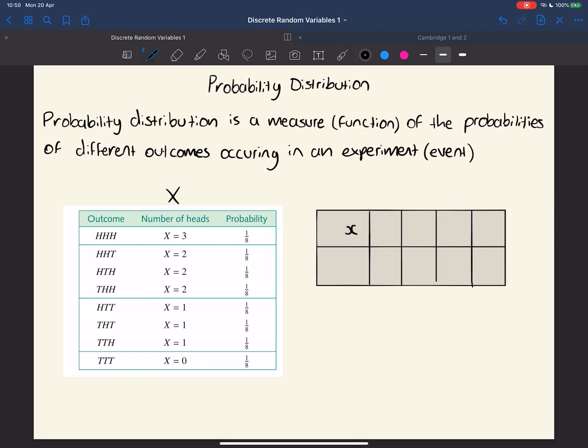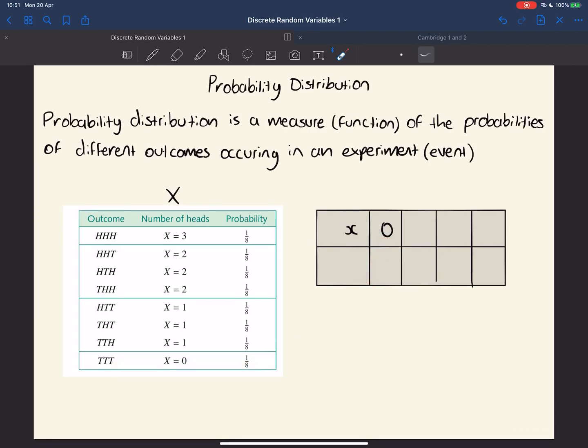Little x, the one that looks like an algebraic letter x, notes the number or the range of options, or the range of solutions that this particular event can result in. So 0 represents that in 3 tosses of a coin, it's possible to have no heads, because you could have tails, tails, tails.